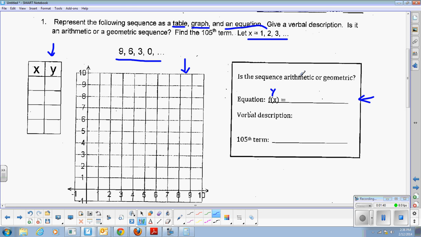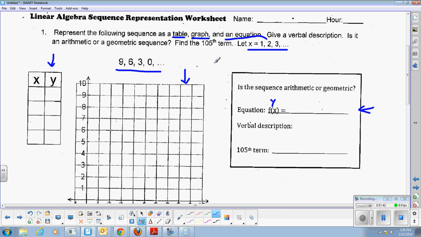If you're doing an arithmetic sequence, just to remind you again, it will always be in this format, the slope-intercept form, y equals mx plus b.